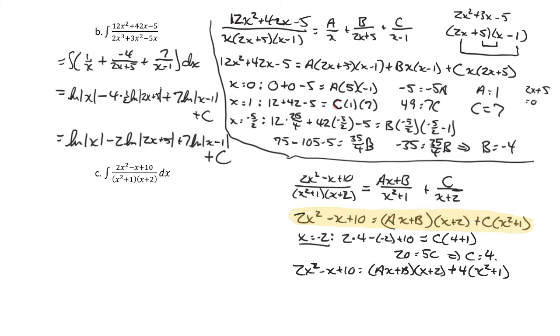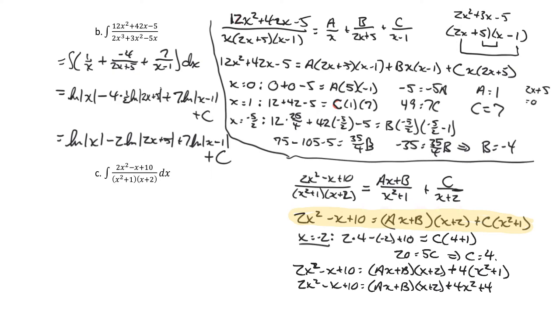Okay, so there is going to be some algebra magic happening here. 4 times x squared plus 1, we can distribute the 4 through there, so we get 2x squared minus x plus 10 equals ax plus b multiplied by x plus 2, plus 4x squared plus 4. Here we go. I'm going to subtract 4x squared and 4 from both sides.